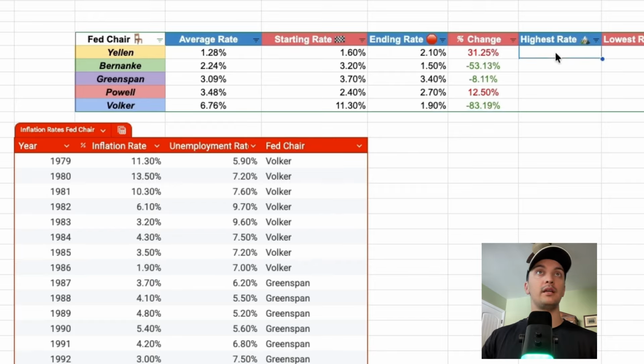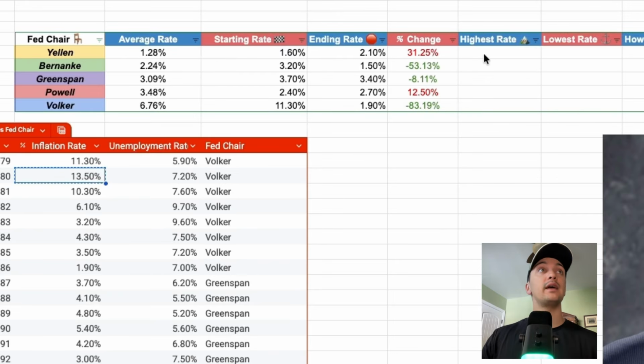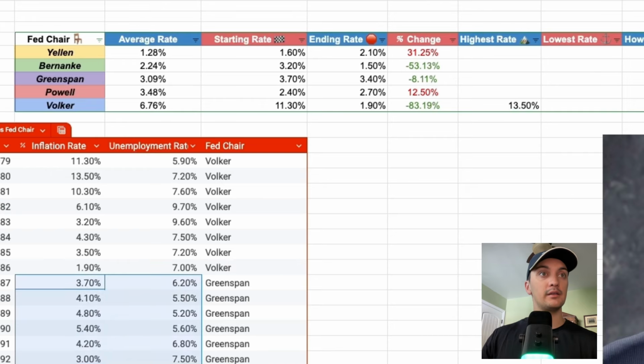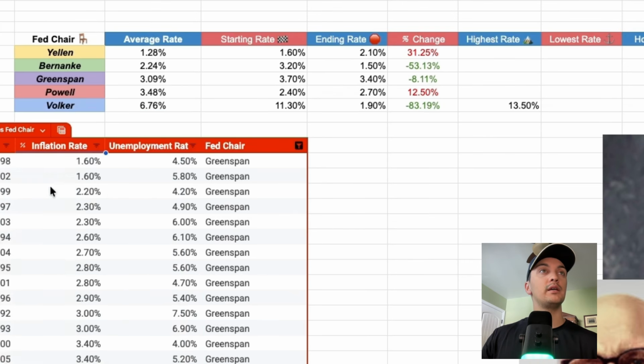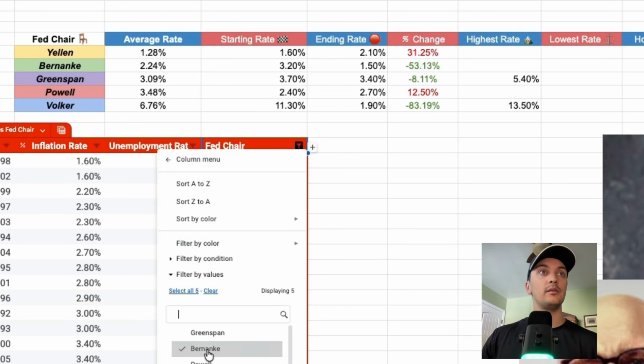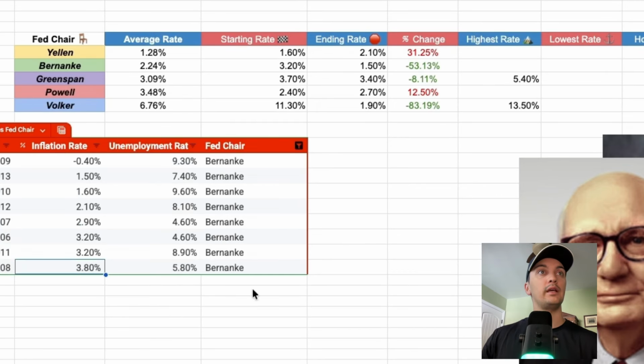And now let's grab the highest rate. So for Volcker, it looks like it's 13.5, which was quite high. Greenspan, I'll filter it. Greenspan was 5.4, so not too bad, I guess. And Bernanke, highest 3.8.